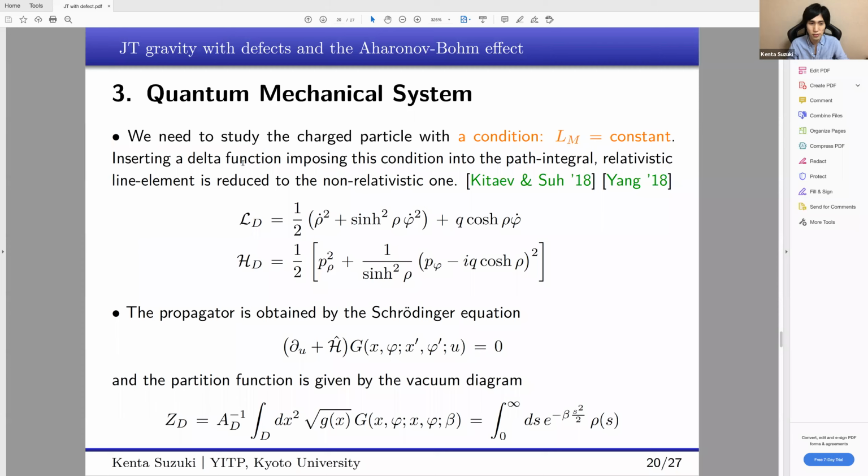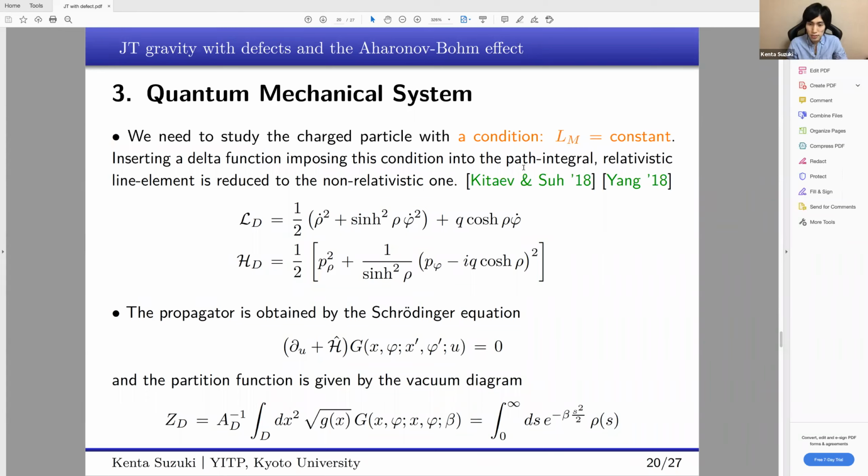So we insert a delta function which imposes this condition into the path integral. And then this constraint, or this delta function, basically reduces the previous square root type of relativistic line element to non-relativistic line elements, which are given by basically quadratic form of these coordinates.